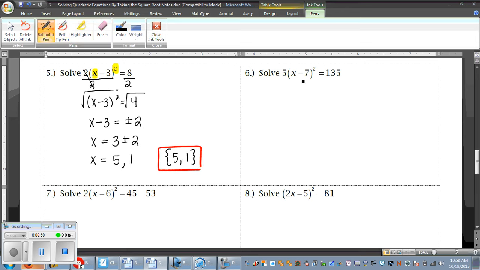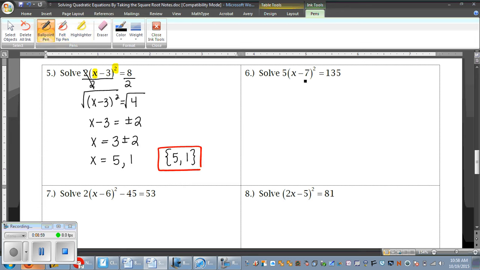So if we try that again, number 6, I divide by 5. Sorry, 27. I take the square root of both sides. 27 is not a perfect square, but I can separate it into 9 times 3.